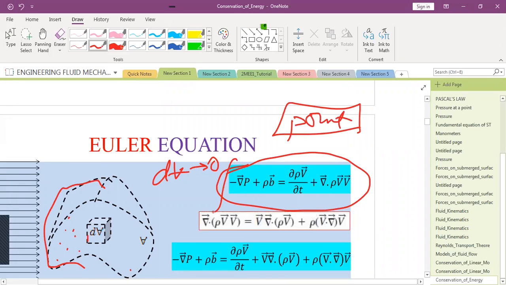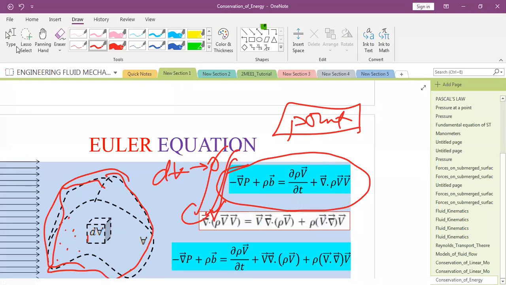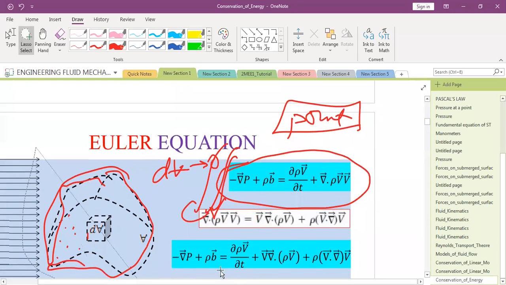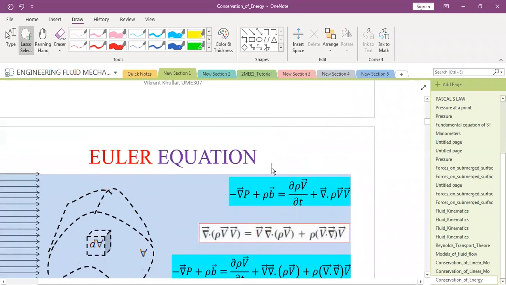If I integrate it, this becomes valid for a finite size control volume. And clear hai? Any doubts to anyone? So this is conservation of linear momentum for inviscid region of flow, or the Euler equation.